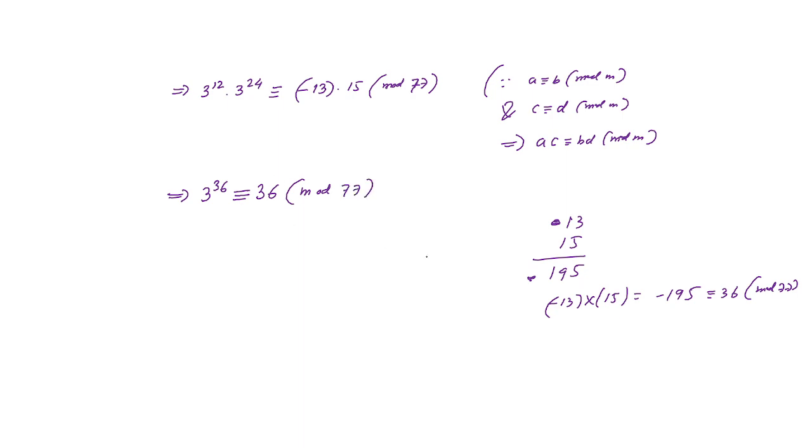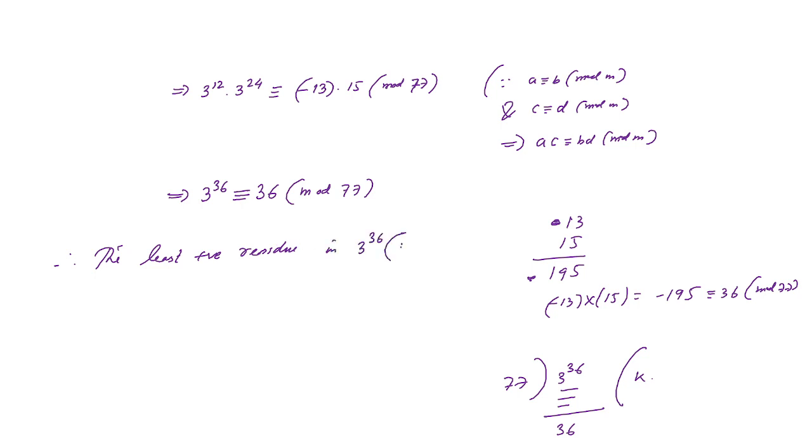This is positive. So if we divide 3 to the power 36 by 77, after many steps the remainder will be 36, with some quotient. Therefore this is the least positive, 36 is less than 77 and also positive. So the least positive residue of 3 to the power 36 mod 77 is 36, or you can say the remainder.